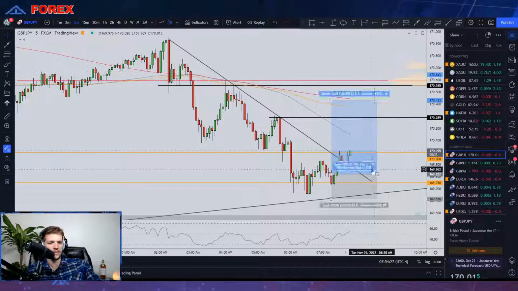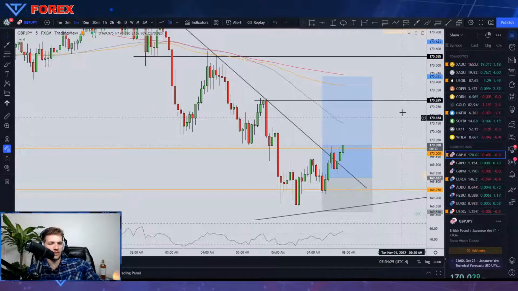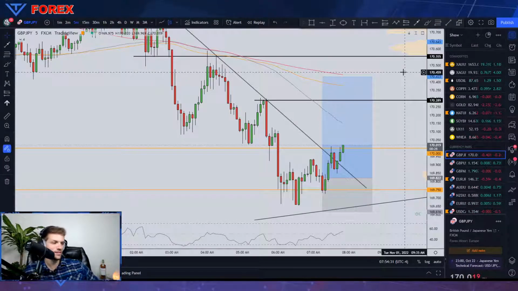About 30 seconds left in this 5-minute closure. And pound yen looks like it wants to close above the 170 here.